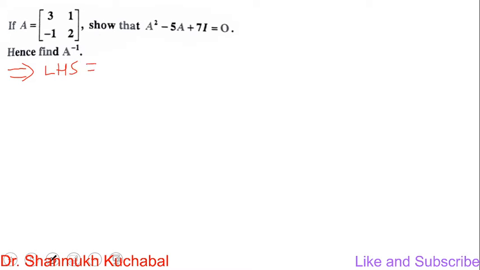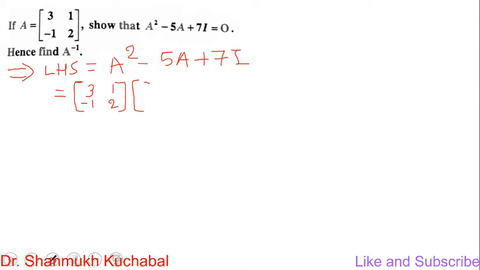LHS part is A square minus 5A plus 7I. So here A square means matrix A into matrix A, that is matrix A is 3 1 minus 1 2, into it is 3 1 minus 1 2.